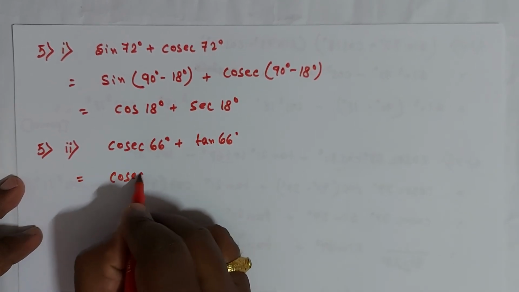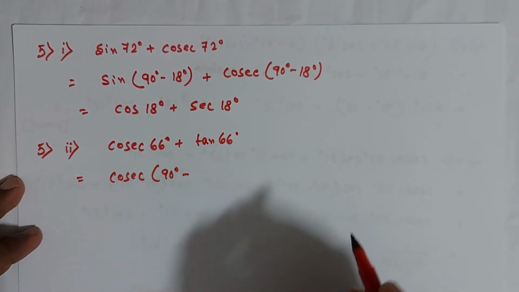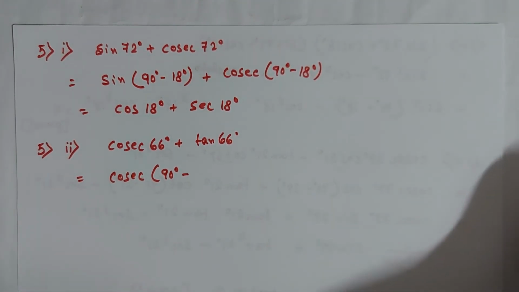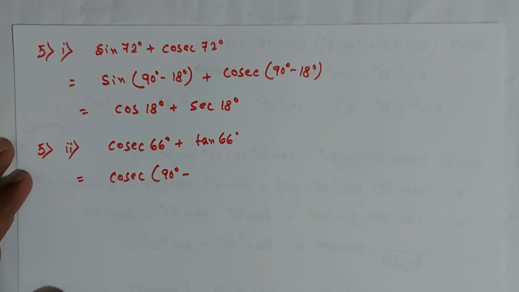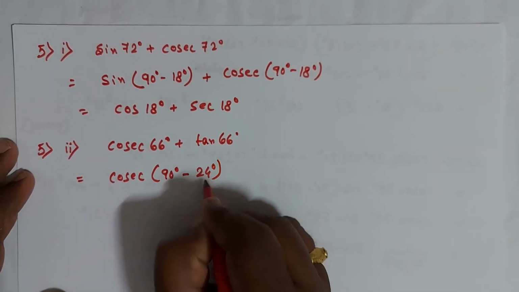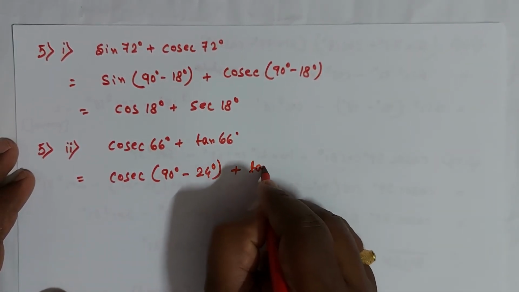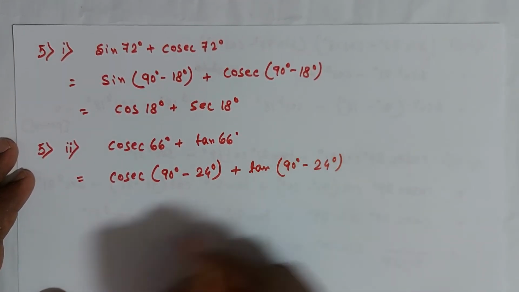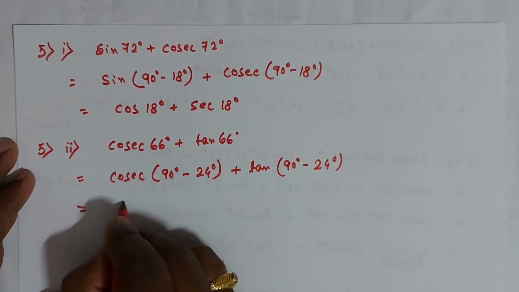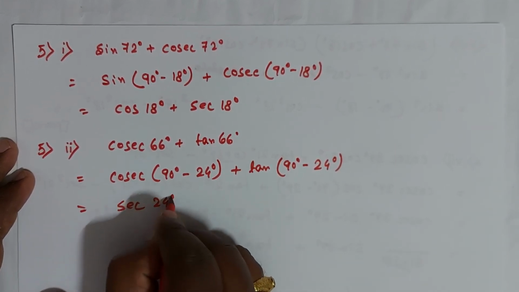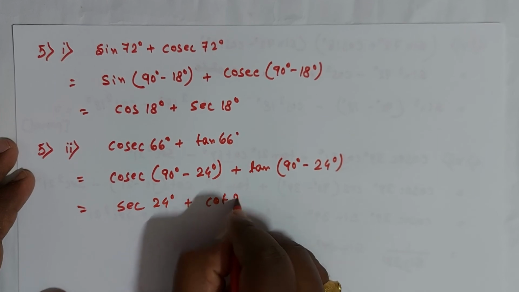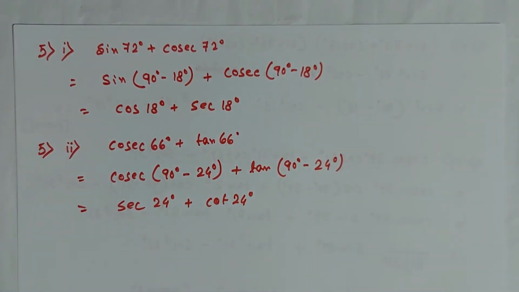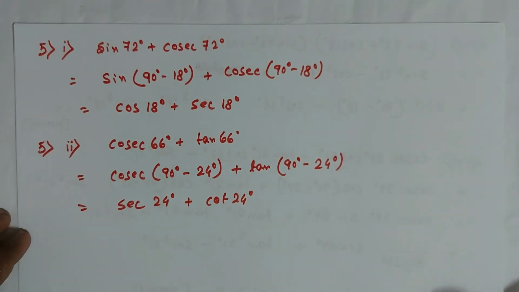So this is cosec of 90 minus 24 degree plus tan of 90 minus 24 degree. Now cosec of 90 minus theta, the formula is sec theta, that is sec 24 degree plus cot 24 degree. So the value of theta is between 0 to 45 degree. So this is our answer.